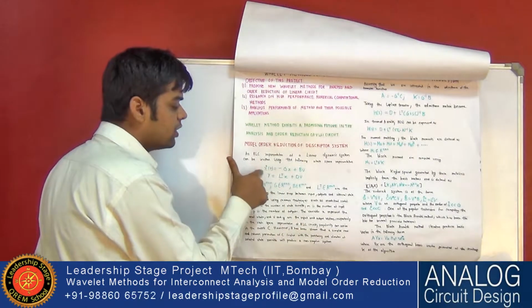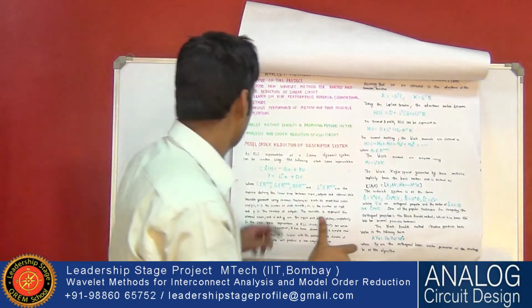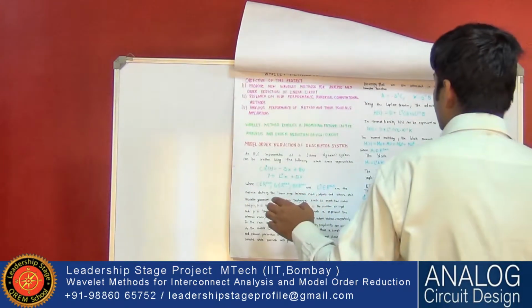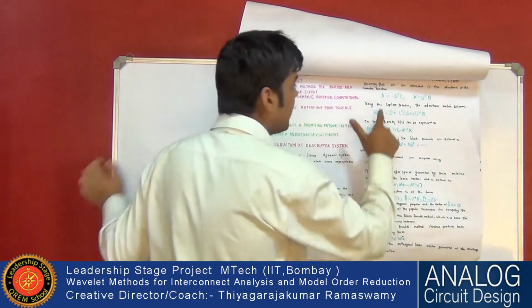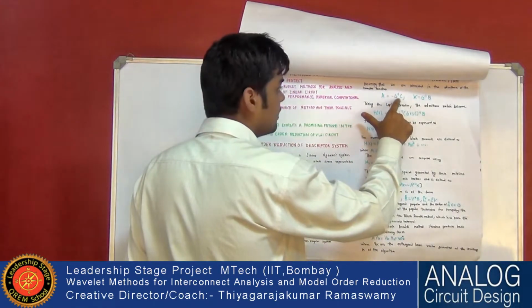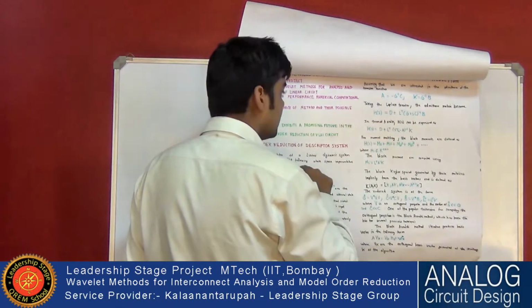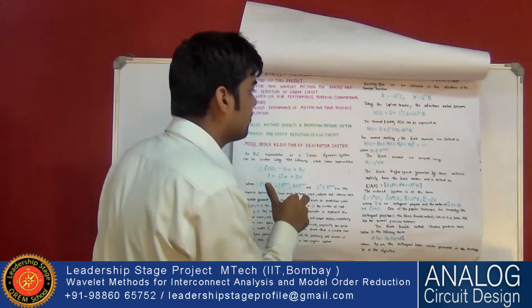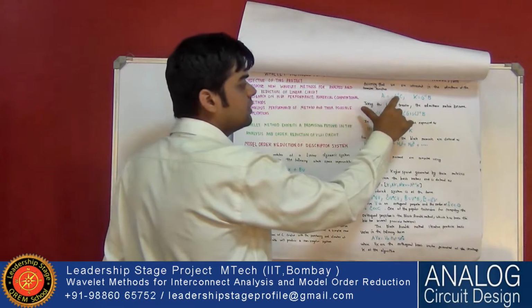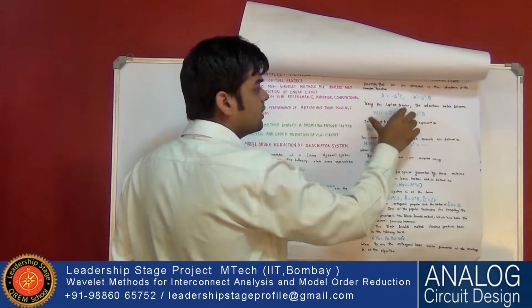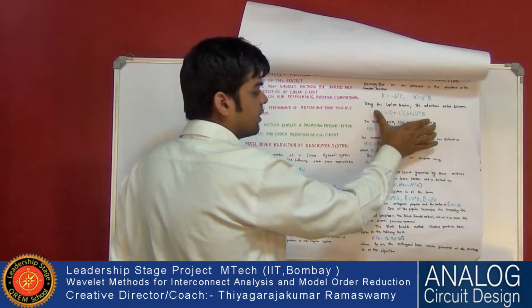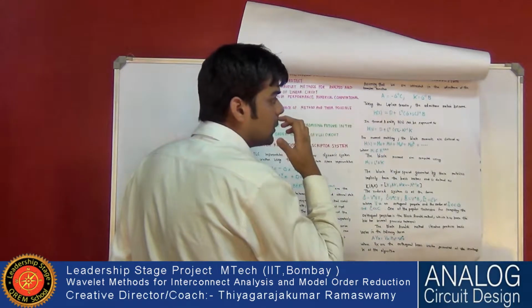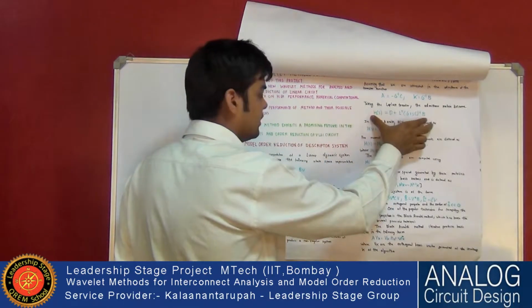So in order to eliminate the problem in computing, we multiply this C by G inverse on both sides. Then you take the Laplace transform and represent A as G inverse C and K as G inverse B. Taking Laplace, this is the transfer function.